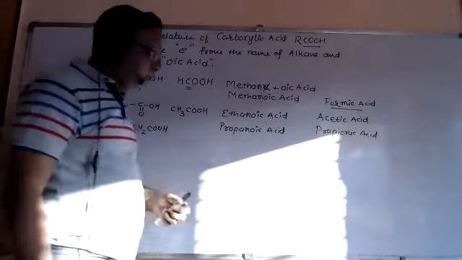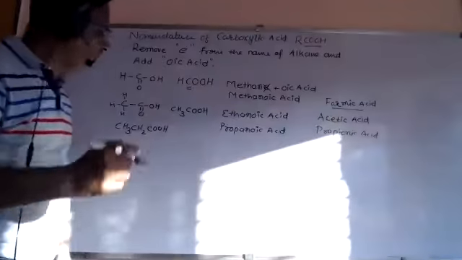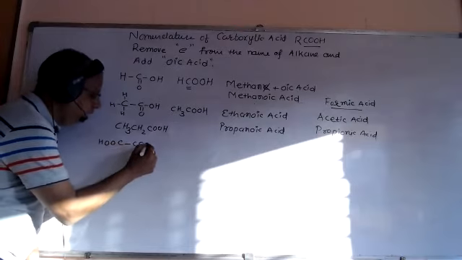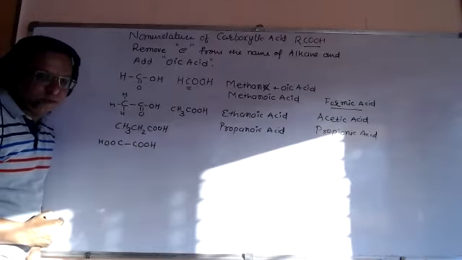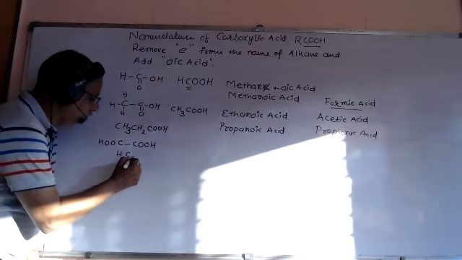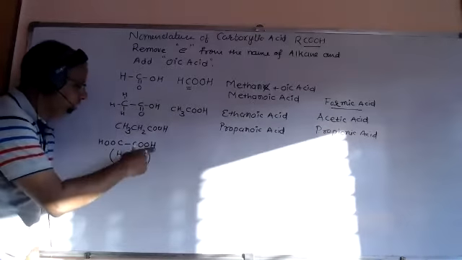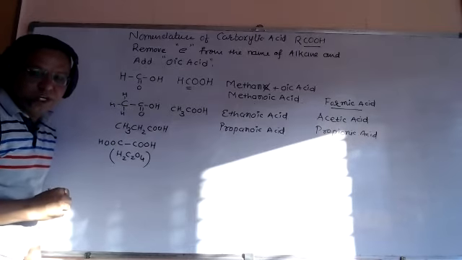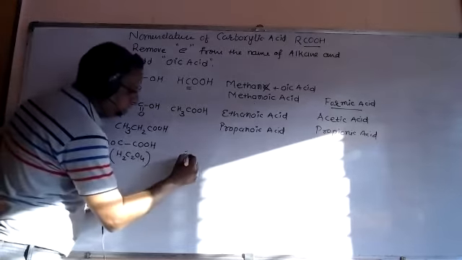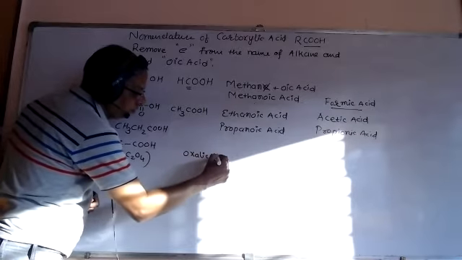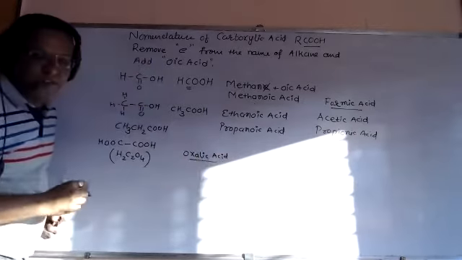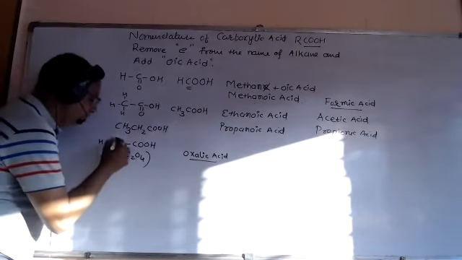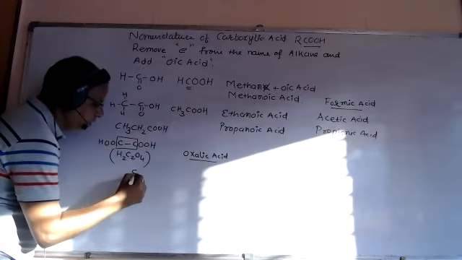Then friends, instead of one, if two COOH are present, it is also written as H2C2O4. Its common name is the well known oxalic acid. Oxalic acid is a common name, but its IUPAC name is considered with two carbons.